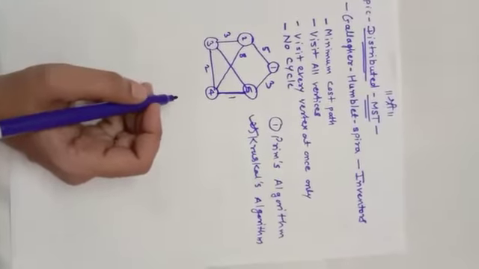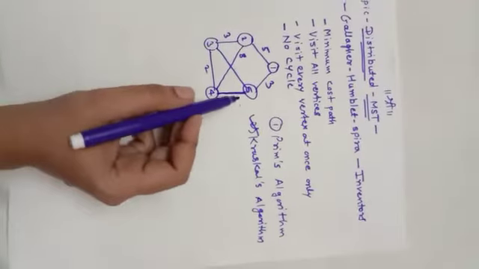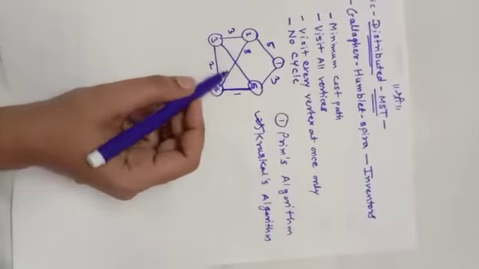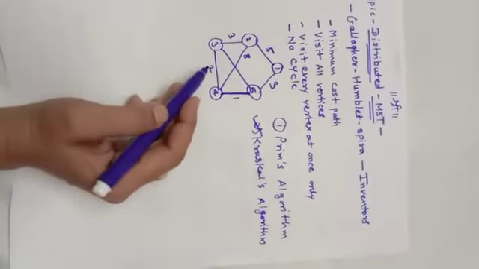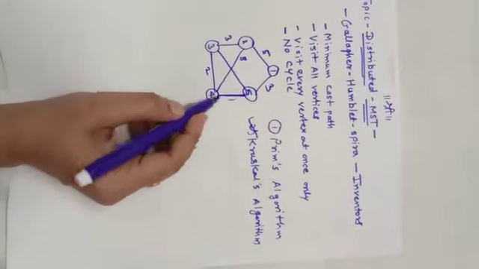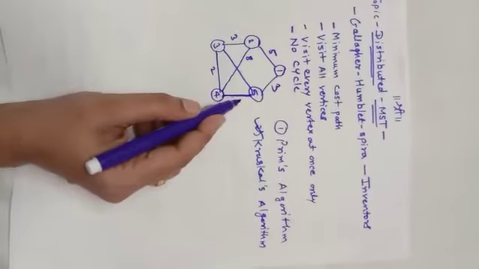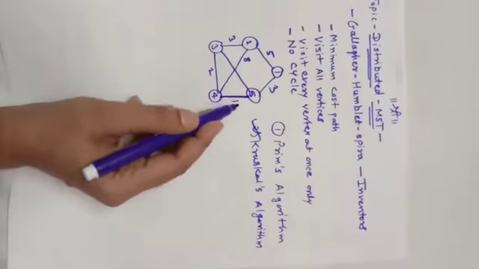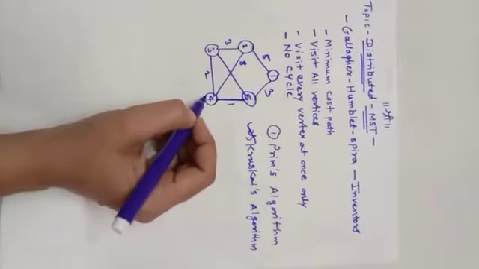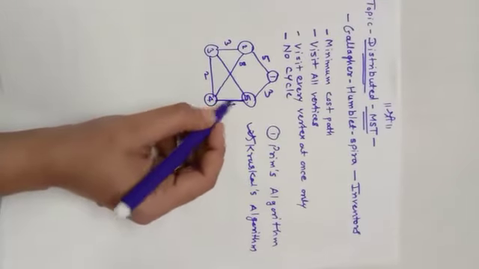In Kruskal's algorithm, all of you are aware that we will first find the minimum cost path. If we compare all the weights, among them 4 and 5 have the edge weight 1, which is the minimum cost path, right? The vertices that are added are related with this one cost path.